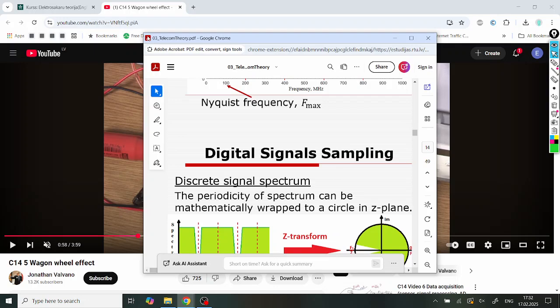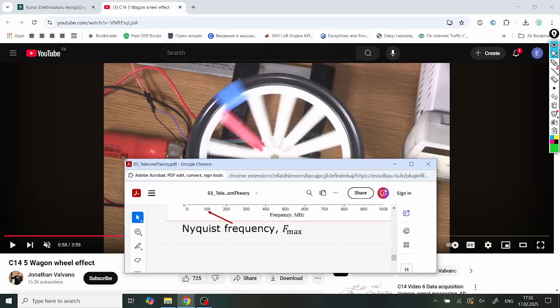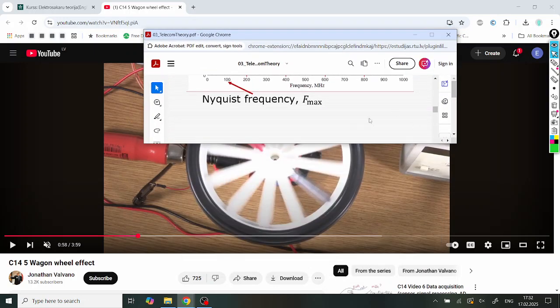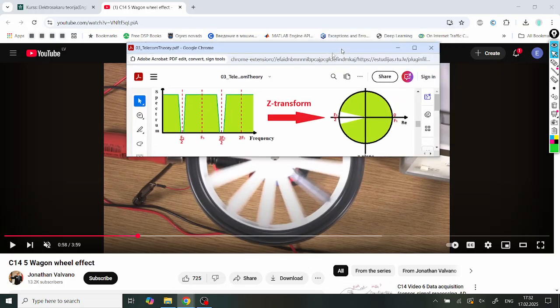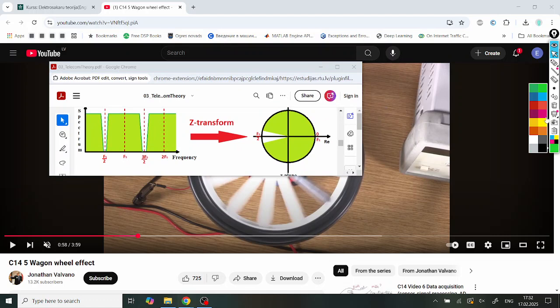Let me try to somehow put them together. Or maybe I'll just draw on top, yes, the same one. So we have here the spectrum all the way up to F sampling versus 2. Then it mirrors all the way up to F sampling.